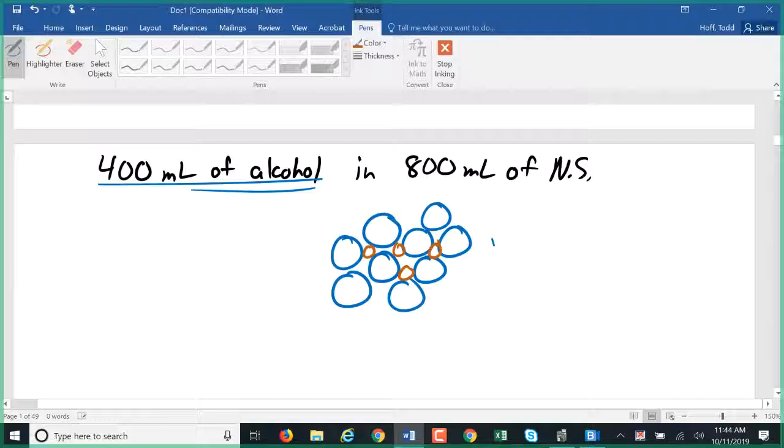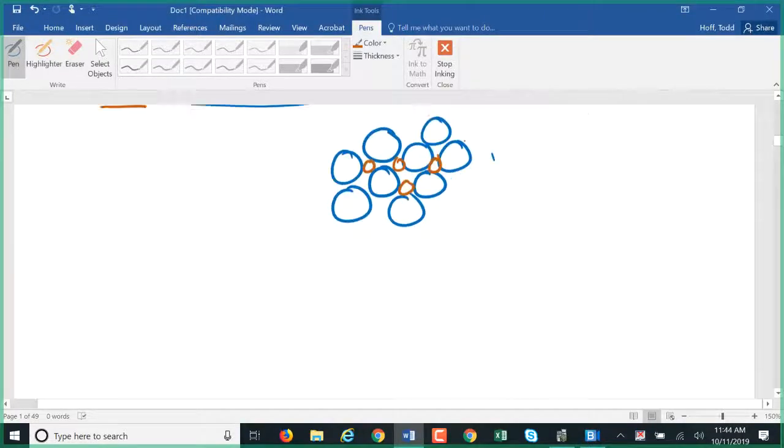Now it does push them apart a little bit. It doesn't totally add nothing to the volume, but it doesn't add up completely. So I can't say that by adding 400 milliliters of alcohol to 800 milliliters of saline, I'm going to get 1,200 milliliters of total solution. So that's a weakness of the volume in volume concentration.